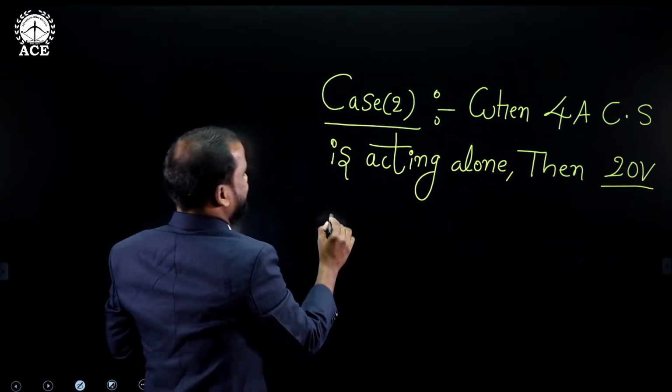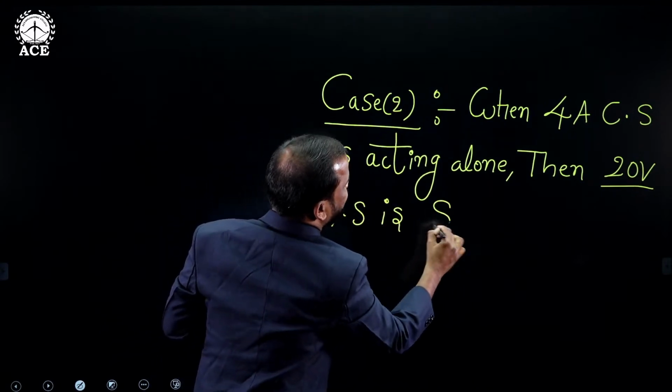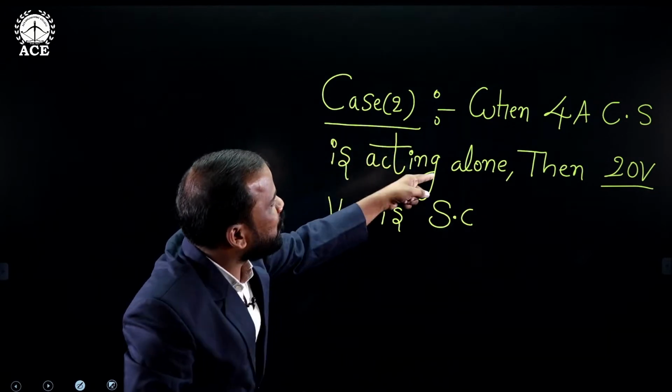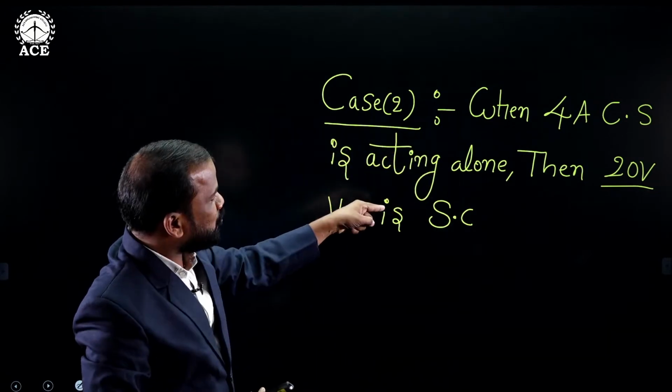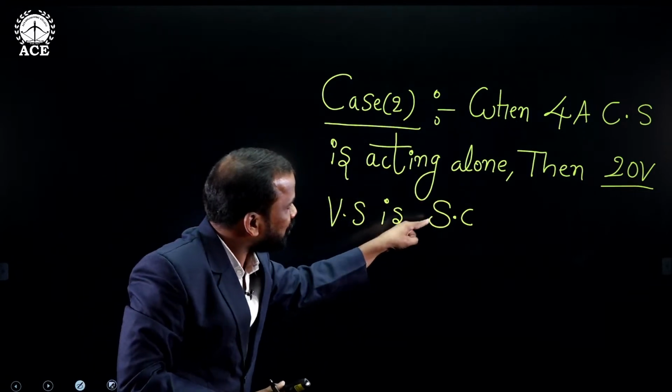The 20 volt voltage source is acting as a short circuit. I am not writing the complete sentence here. When the 4 ampere current source is acting alone, then the 20 volt voltage source is acting as a short circuit.